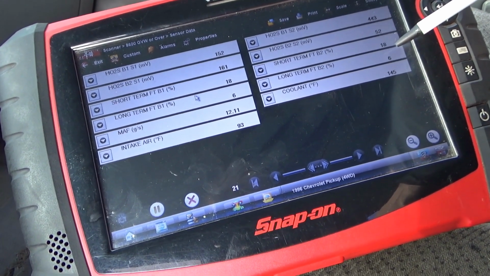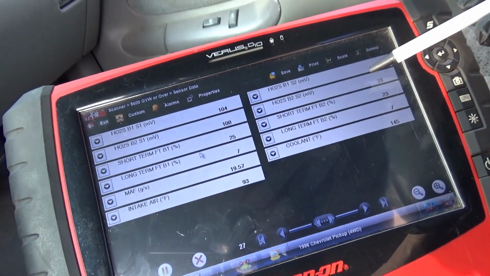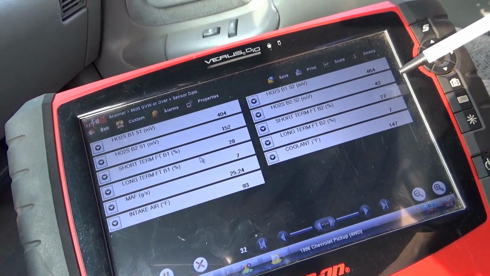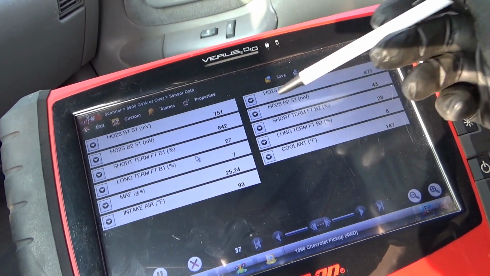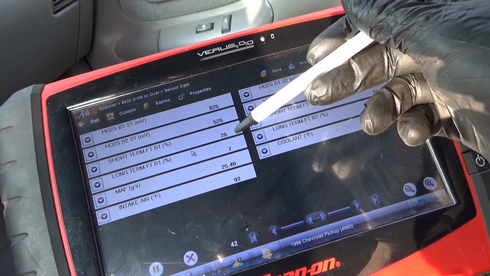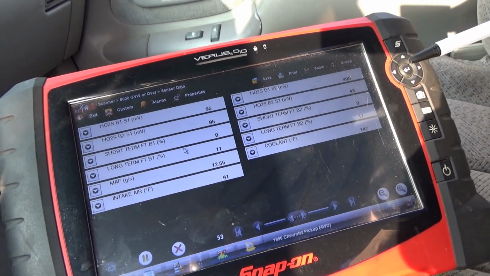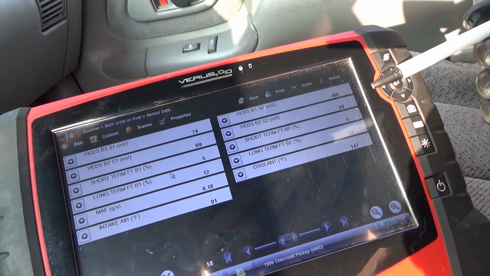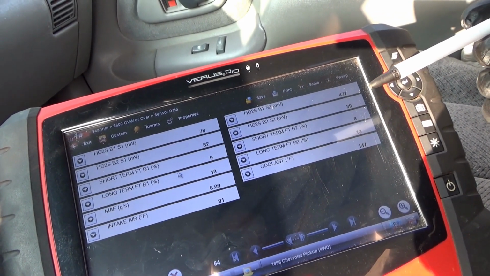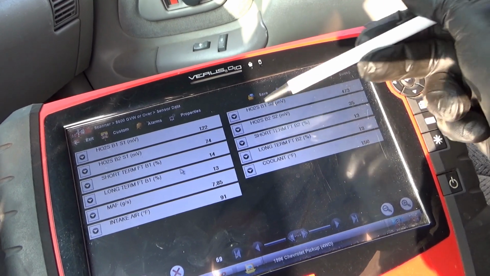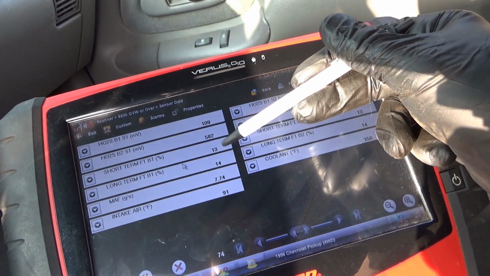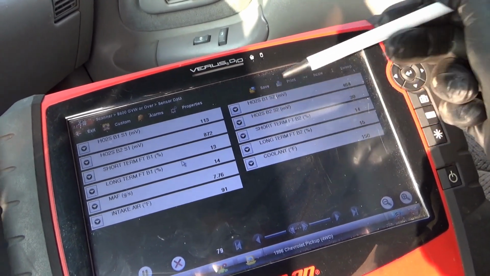Short term's 20%, long term's 10%. So over 30% on both banks, very even. So idle over 20%, close to 30%.